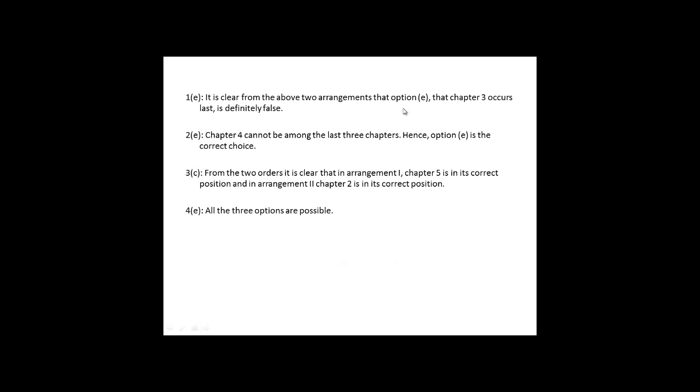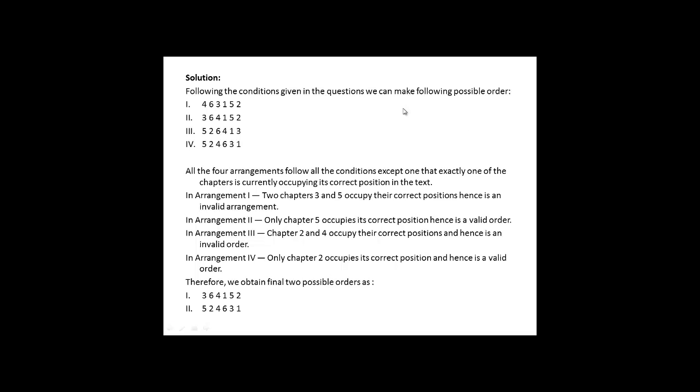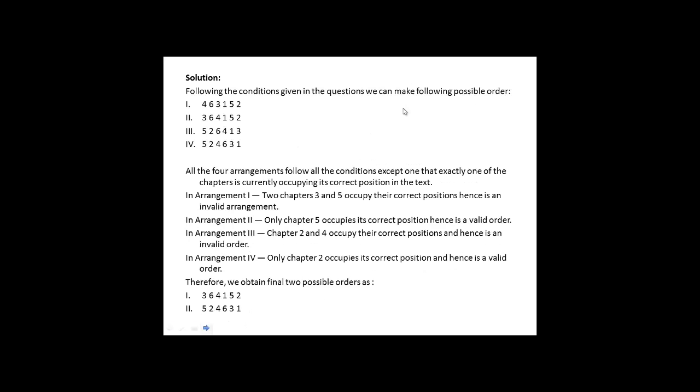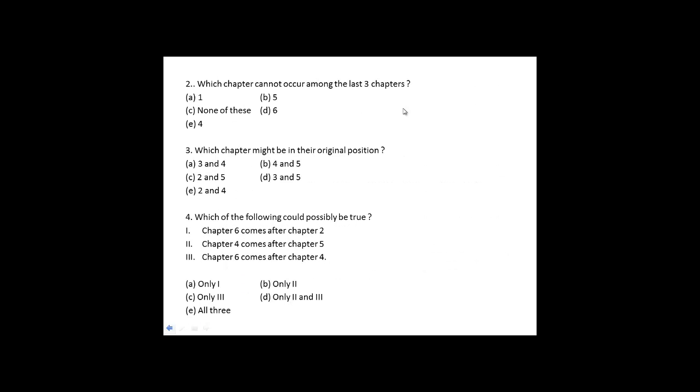All the 3 options are possible because 6 can come before 4 or after 4, and chapter 6 can come after 2 also, so all three conditions are valid. So this was another 2 sets of questions in this video.